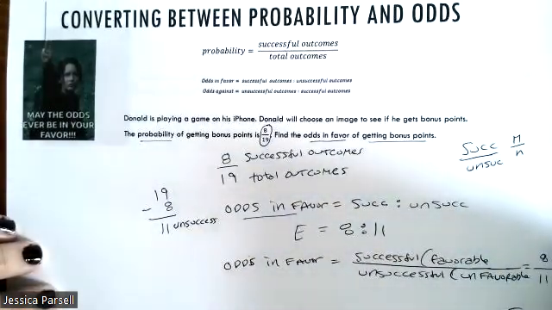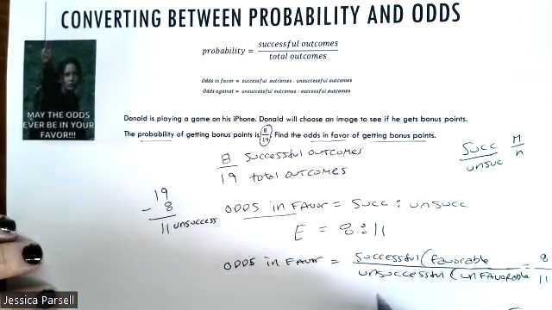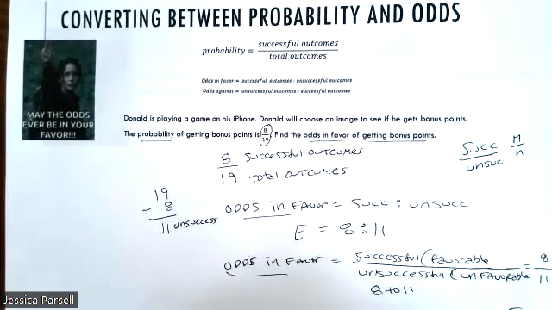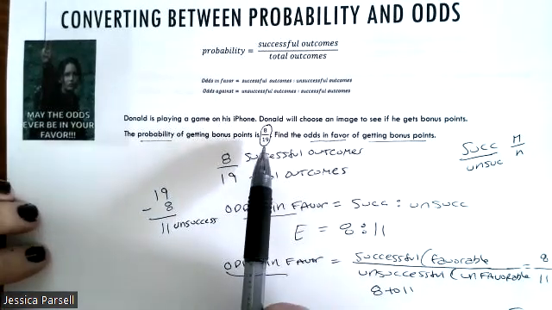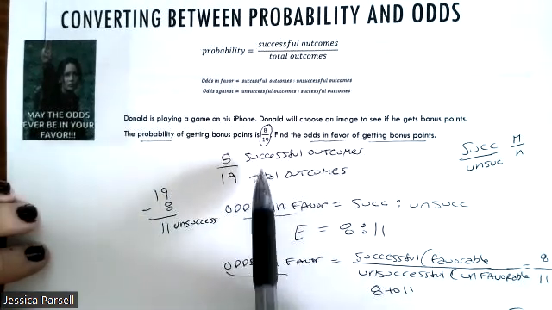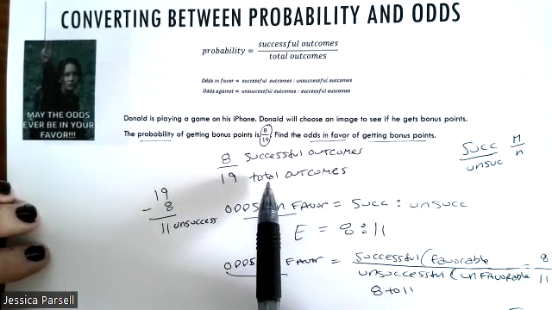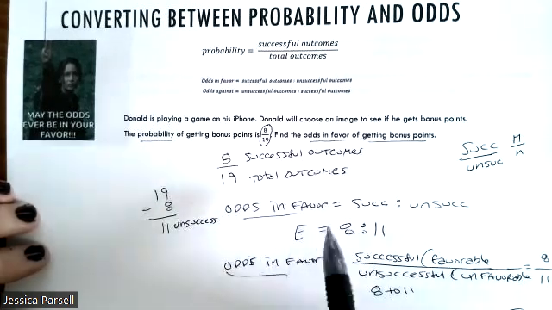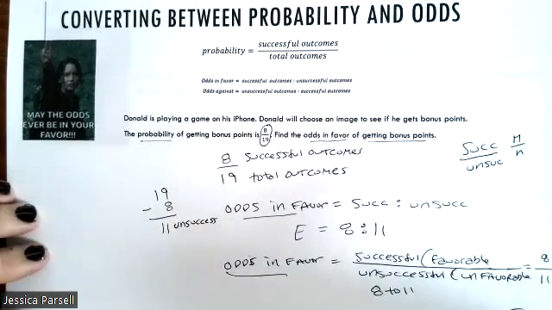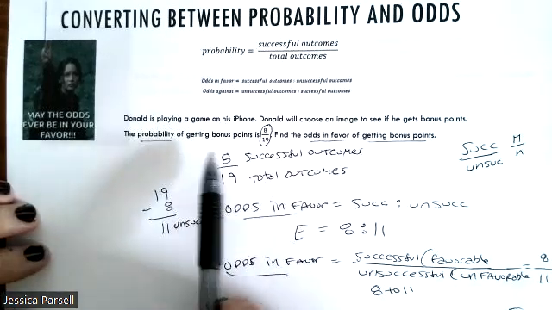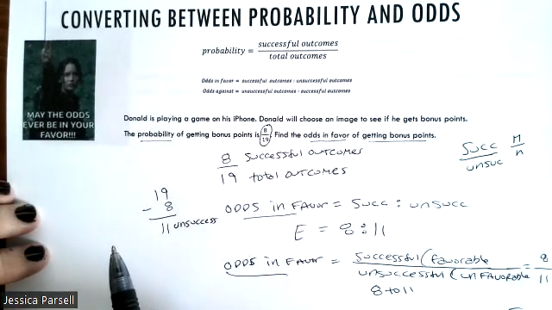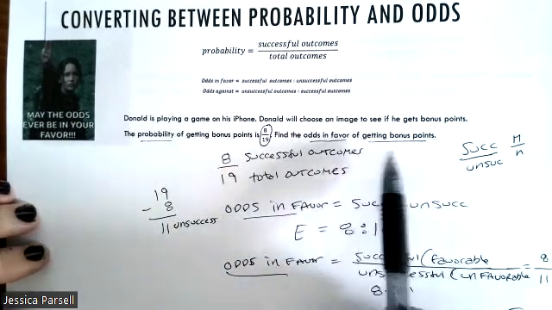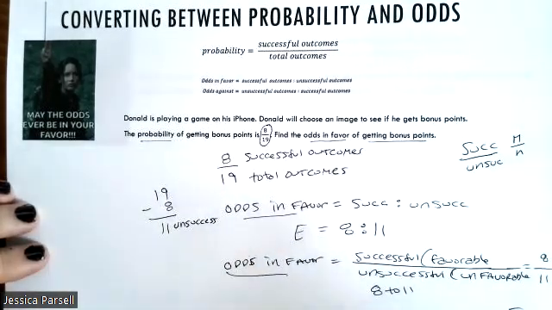So sometimes we like to see it like that, or like this, or 8 to 11, but that's the odds in favor. So that's how you're going to go from what you have, which is probability. We have a probability, break it down, get the pieces and parts out of it, and then use what you have to convert it to odds. So the probability of getting bonus points for Donald is 8/19, but the odds in favor of getting bonus points is 8 to 11. We're going to try this again.